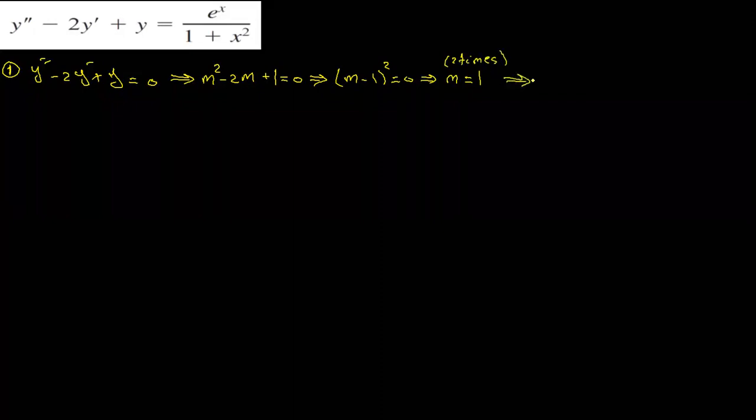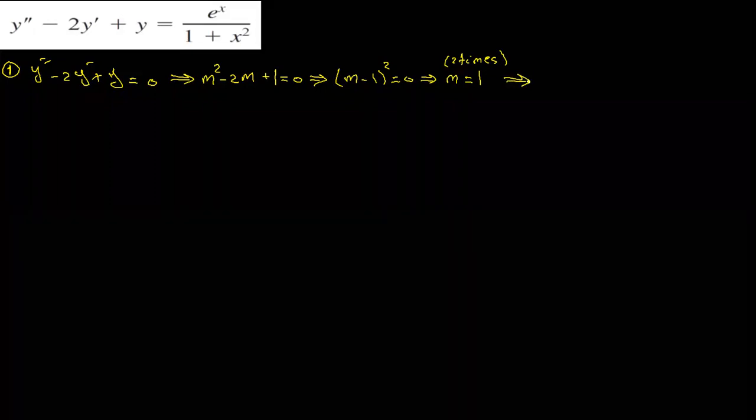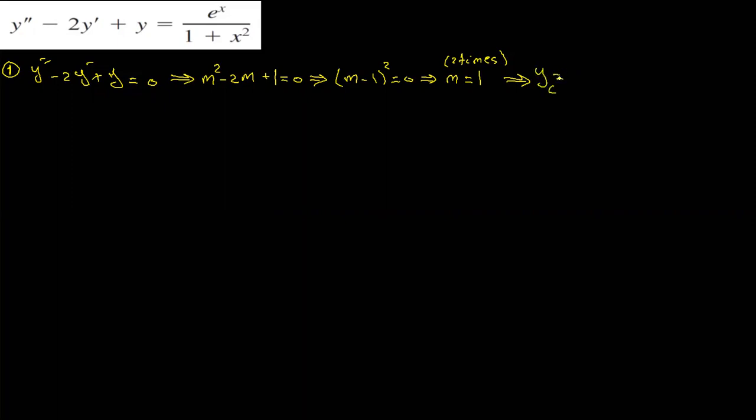So the complementary solution, which is the linear combination between 2 solutions for this equation, is given to be yc equals c1 e to the power of x plus c2 x e to the power of x. Great. So you multiplied by x here because your m is repeated. Thank you very much, Basil.